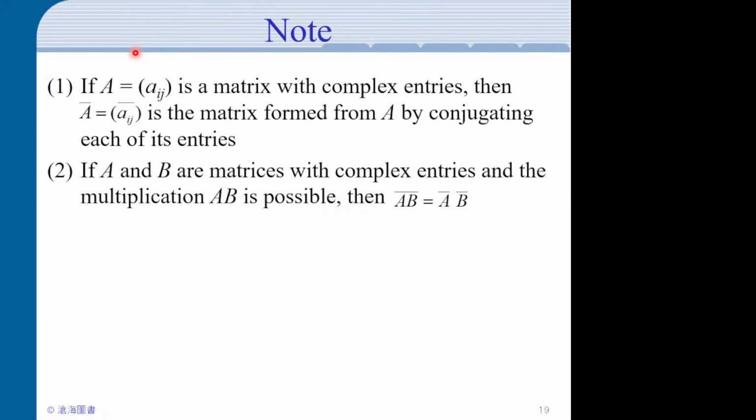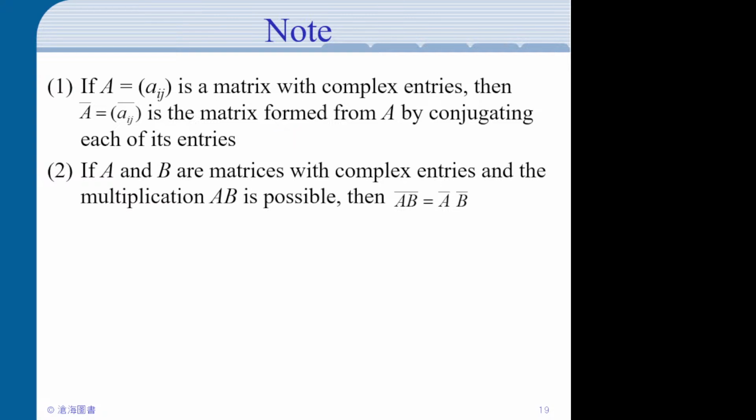Okay, and then here we just have some notation. If you have a complex matrix or complex vector, then we write the complex conjugate by writing a bar over it. So if A is a matrix of constants, then A bar is the same matrix, but with every entry complex conjugated.